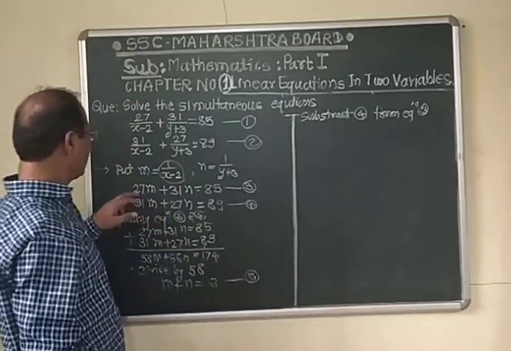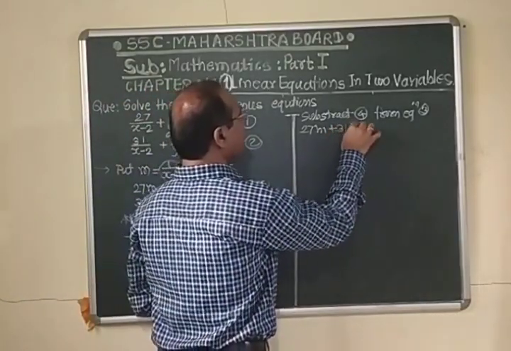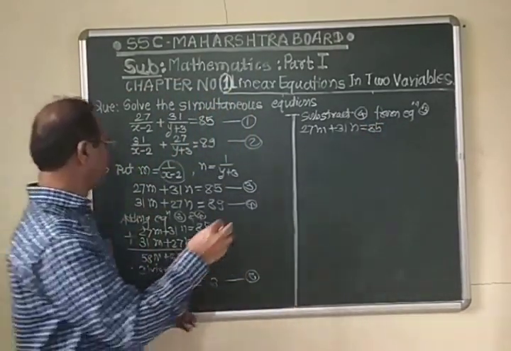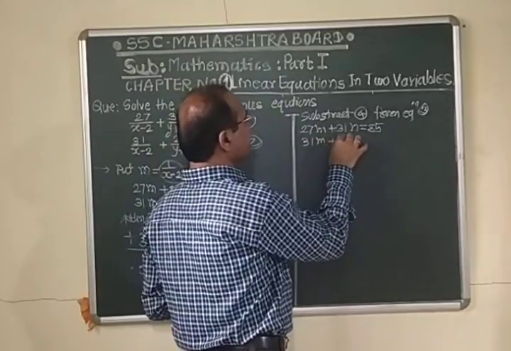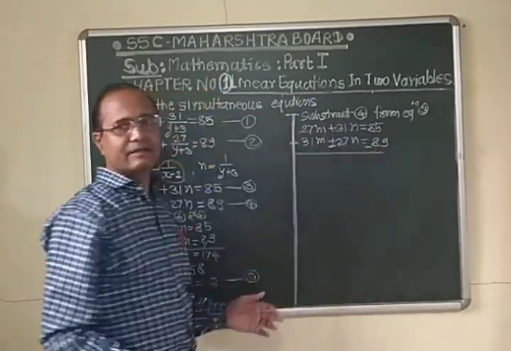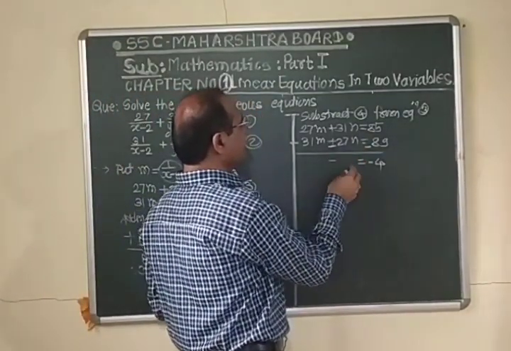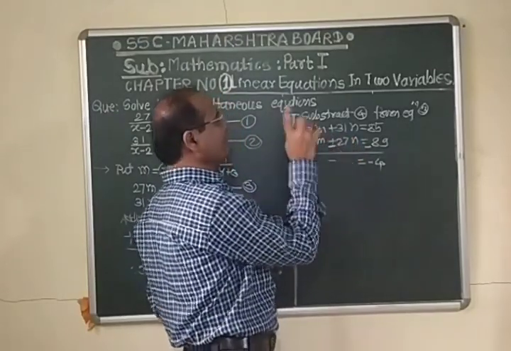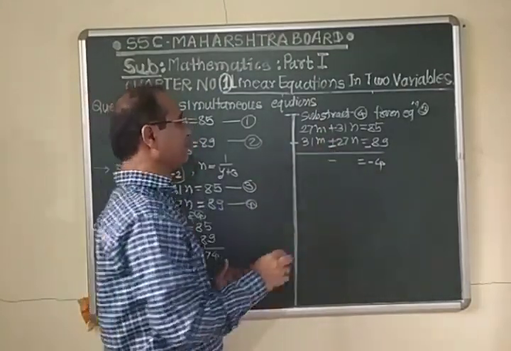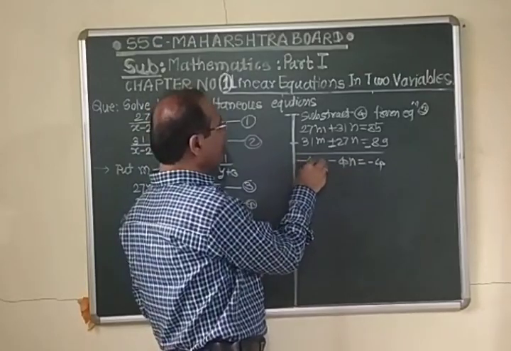Equation 3 is 27m plus 31n equal to 85, and the fourth equation is 31m plus 27n equal to 89. When we subtract, you have to change the signs; remember this. 31n minus 27n gives 4n, and 27m minus 31m gives minus 4m.